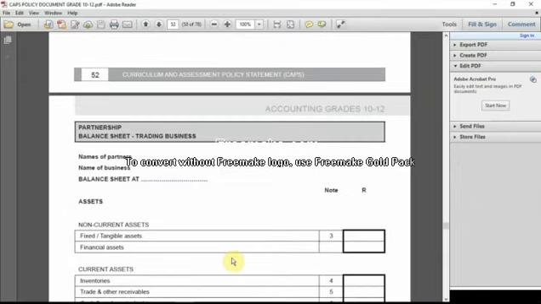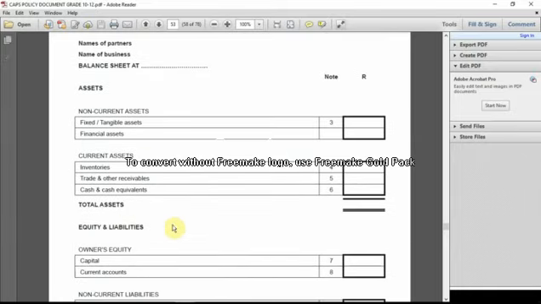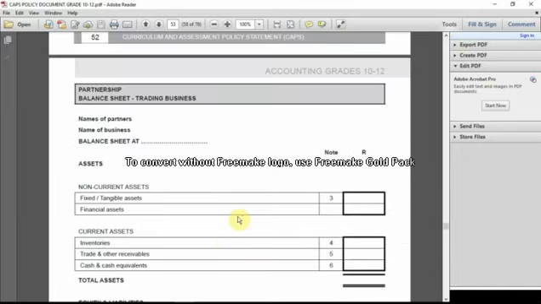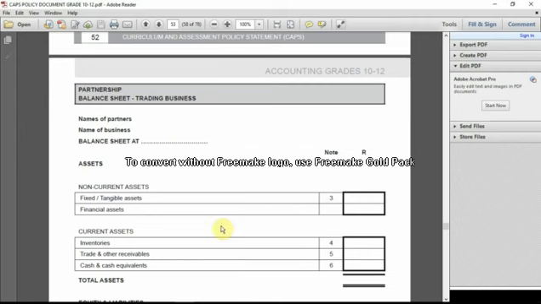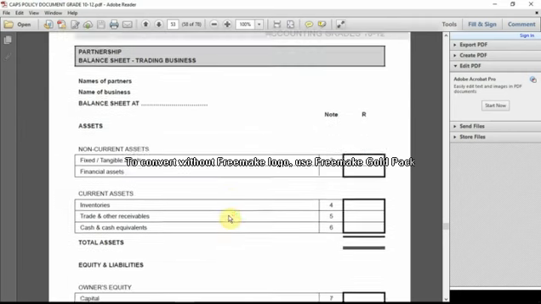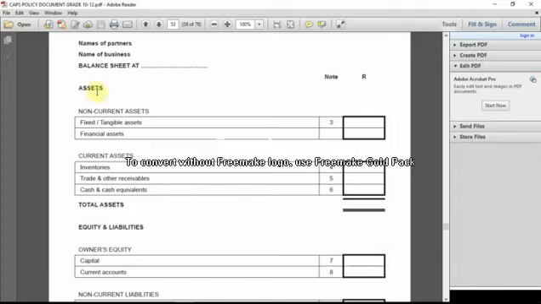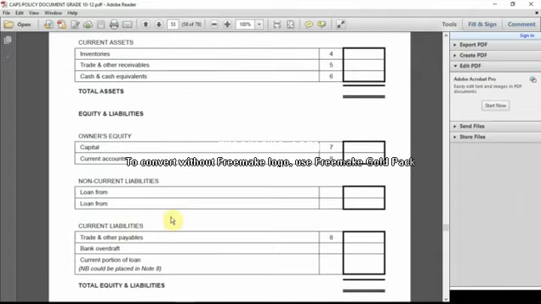Whereas the balance sheet is about our assets, our liabilities, and our owner's equity. So the balance sheet is basically about the financial position of the partnership. In other words, to what extent do our assets, for example, cover our liabilities?